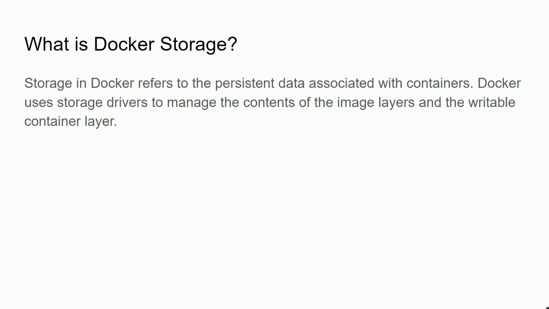As we know, an image is a pre-built operating system with additional applications, and certain layers are not writable. We cannot edit the existing image with a running container, right? So we need to add additional storage to write our customized data.